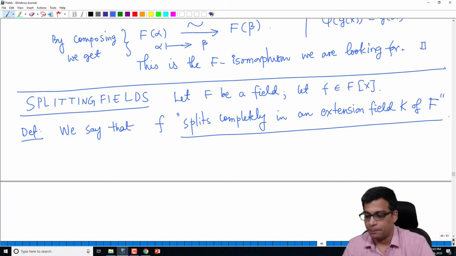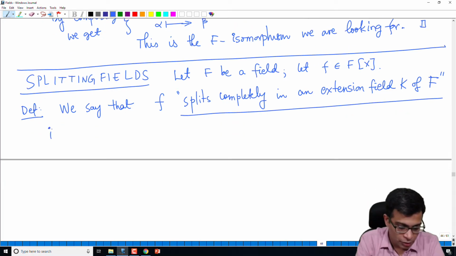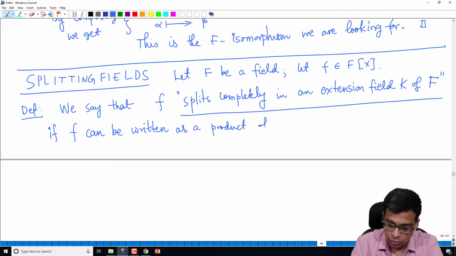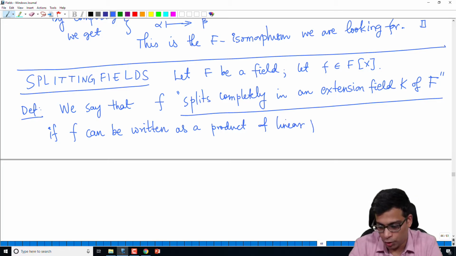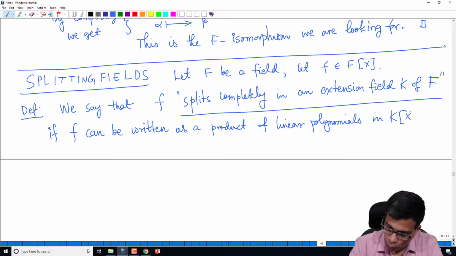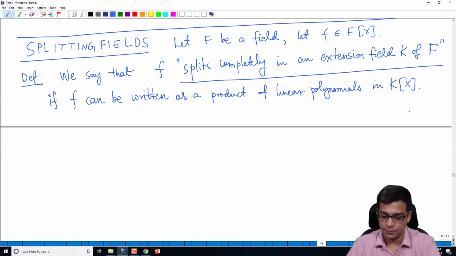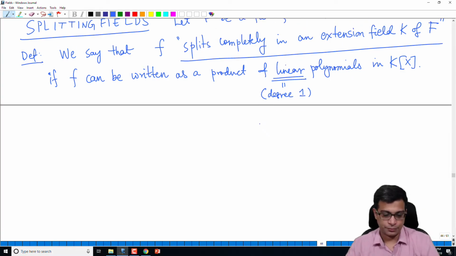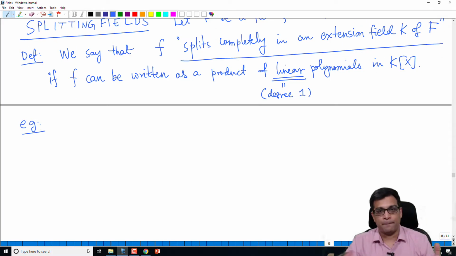We say that it splits completely in an extension field K of F if f can be written as a product of linear, or degree 1, polynomials in the polynomial ring over the bigger field. Linear polynomials means degree 1 polynomials. So we say that it splits completely, that means all the way up to degree 1.